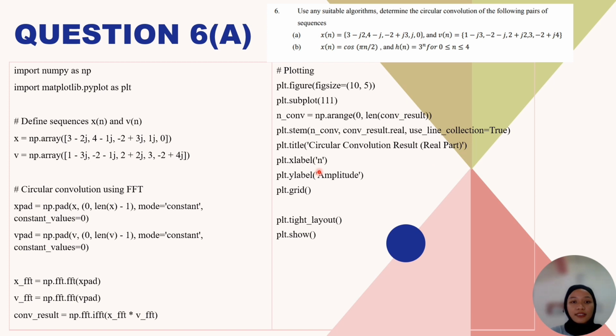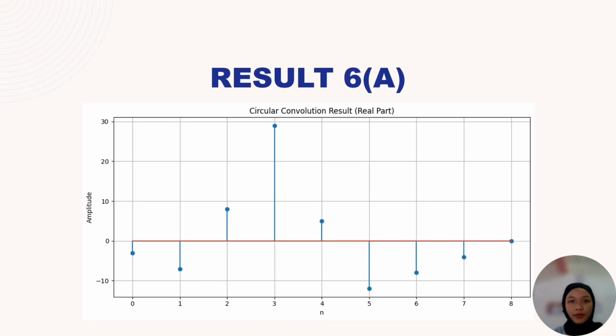The x-axis is labeled as n, the y-axis is labeled as amplitude, and here is the coding for the signal to be shown. This is the result of the Python coding of 6a. As you can see, this result is the same as the MATLAB coding of question 6a that I have shown.